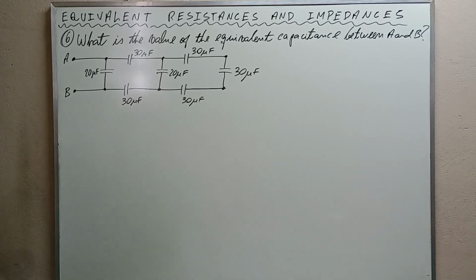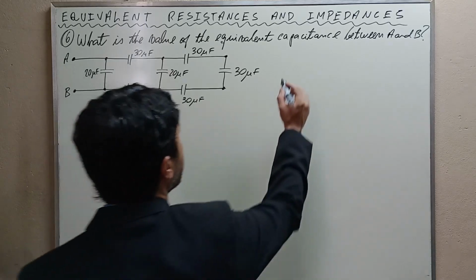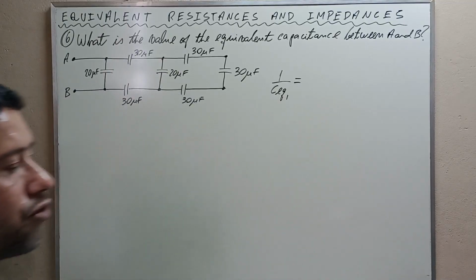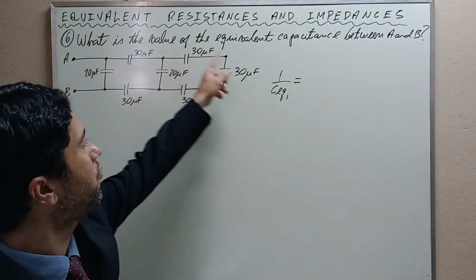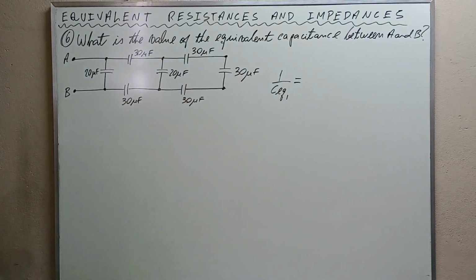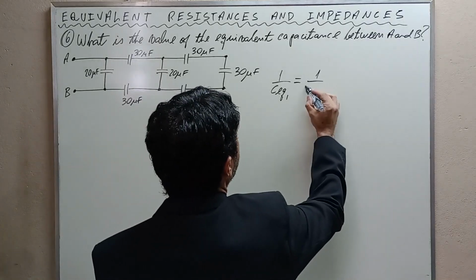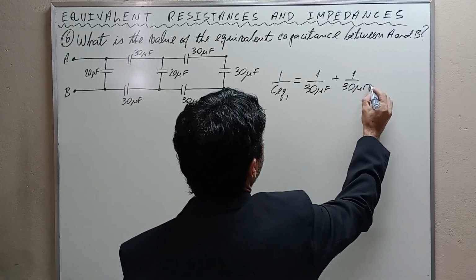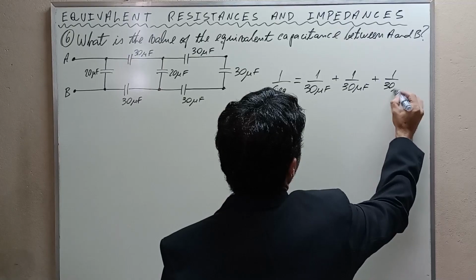Equivalent capacitance number 1 will be calculated as the series combination of these 3 capacitances, but when calculating the series combination of capacitances, we use the same manner we use for resistances in parallel, okay? 1 over 30 plus 1 over 30 plus 1 over 30.